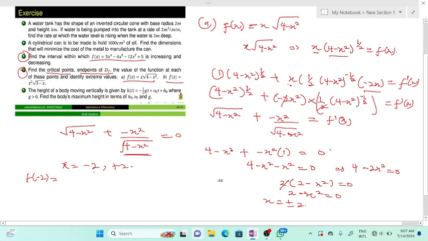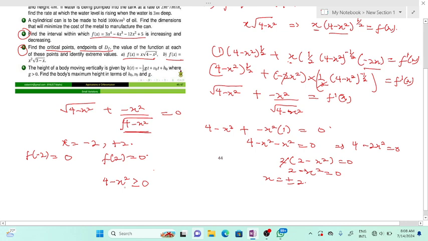Domain of f. Remember that for f to be defined, we are going to have what's inside the square root, which is 4 minus s squared, to be greater than or equal to what? 0, right?